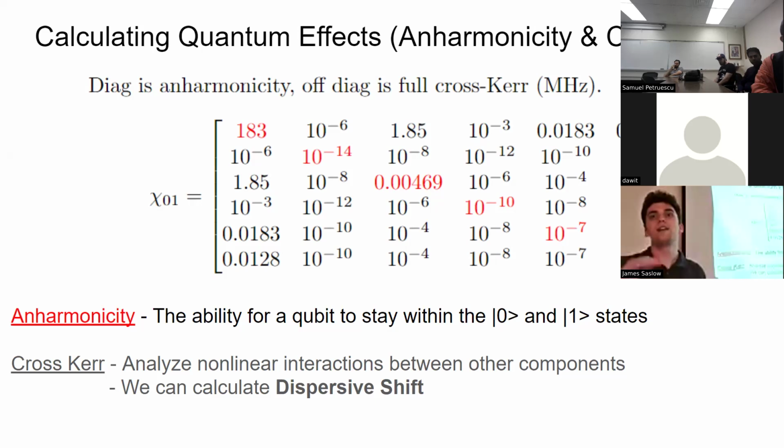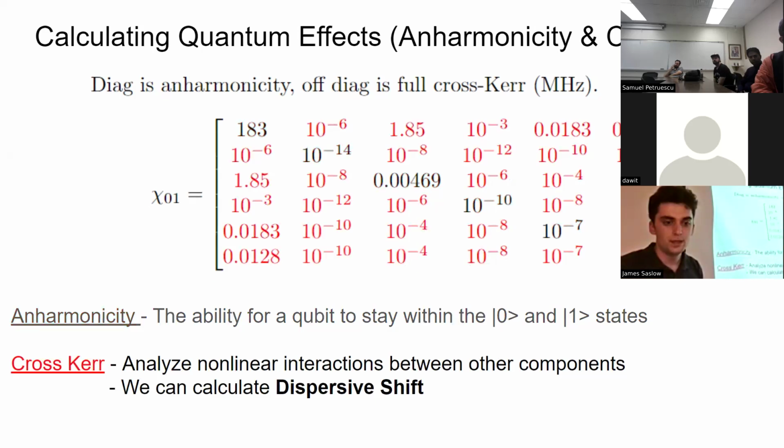So if you have a higher anharmonicity, a qubit is more likely to stay between the 0 and 1 states, and it won't go off and wander to the other higher energy states like 2, 3, 4, all those things. And the off-diagonal elements are the cross-Kerr, and cross-Kerr is a way that we can analyze nonlinear effects between different circuit components.